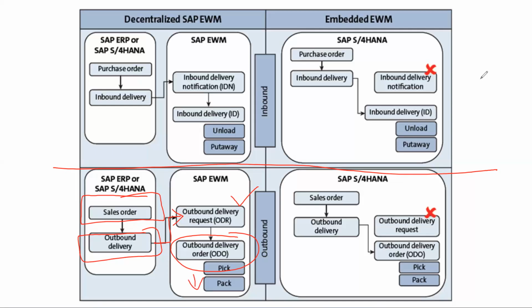See, in the inbound delivery, we used to do the goods receipt at this particular stage only. At the IDN only, we used to take the goods receipt. Am I right?